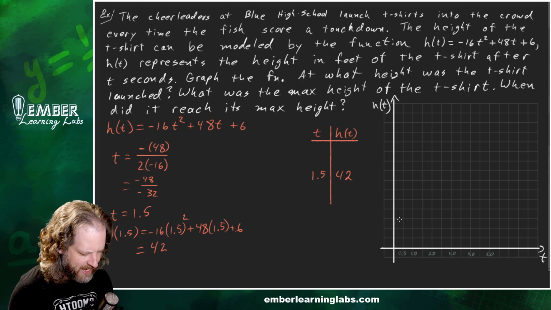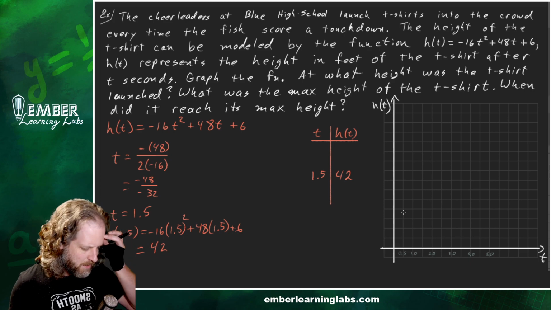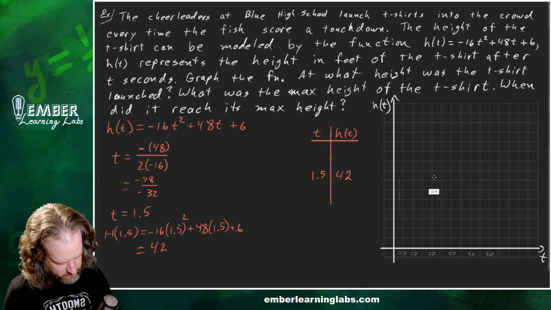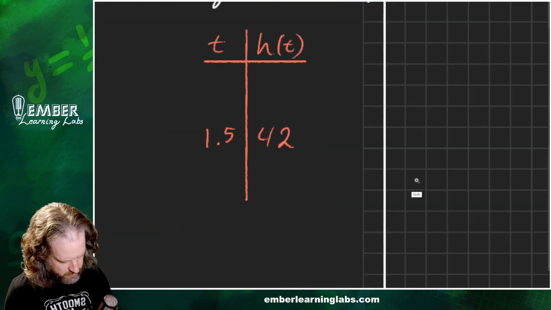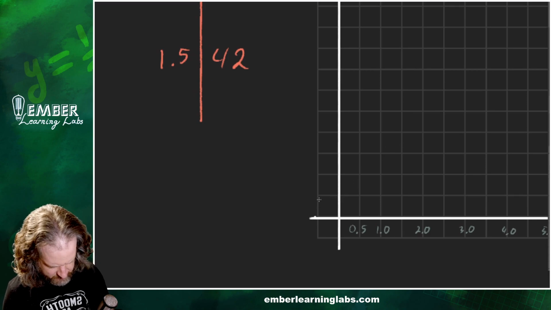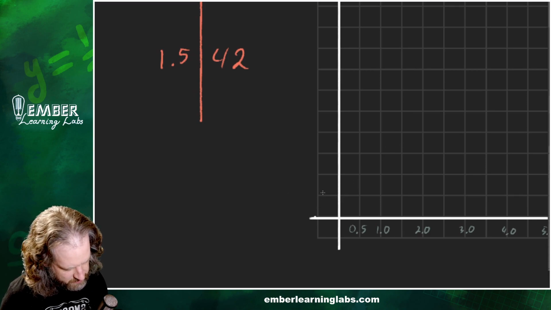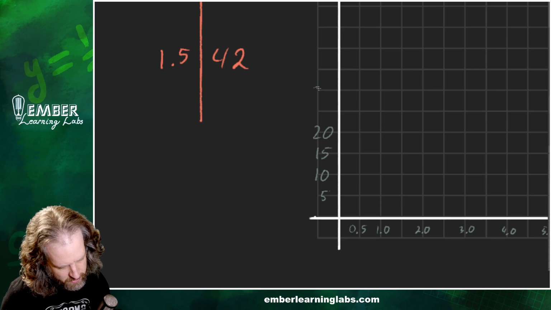So on this axis, I think let's count by fives. Let's label this by 5s. So this is 5, 10, 15, 20, 30.